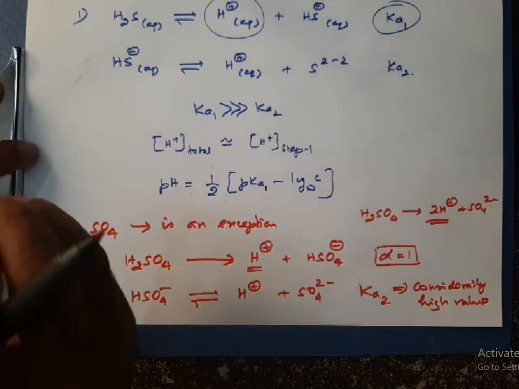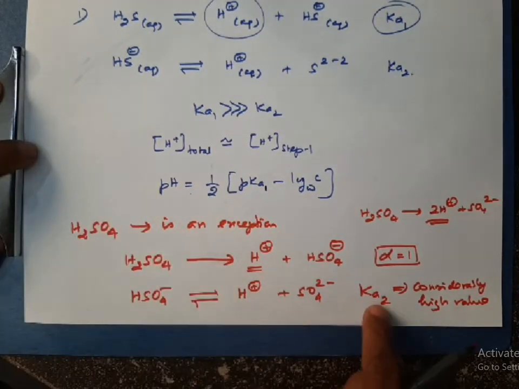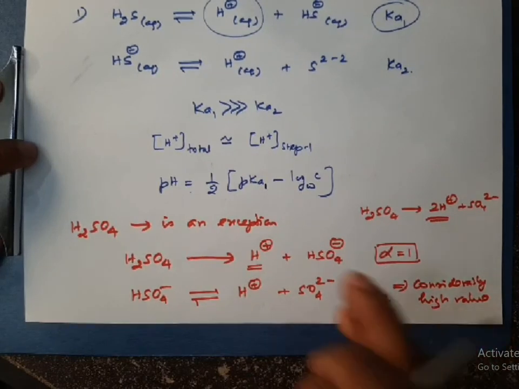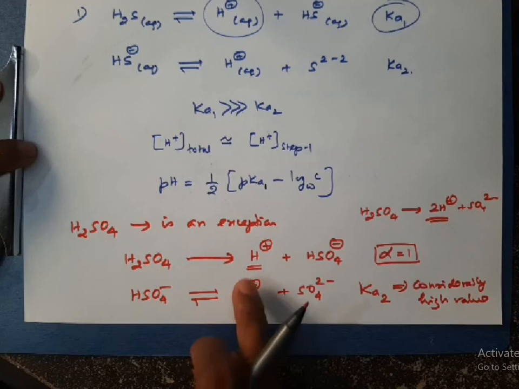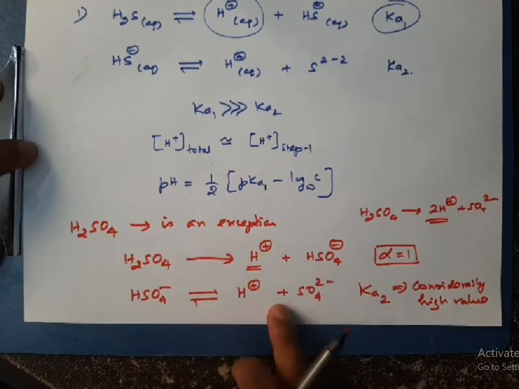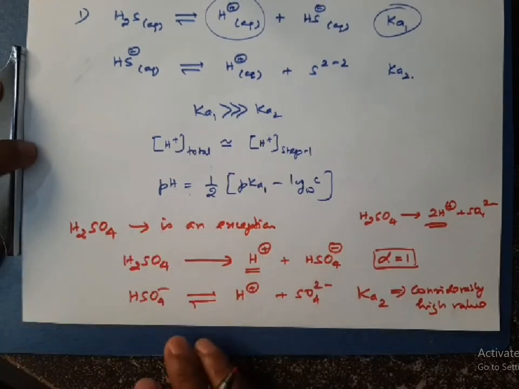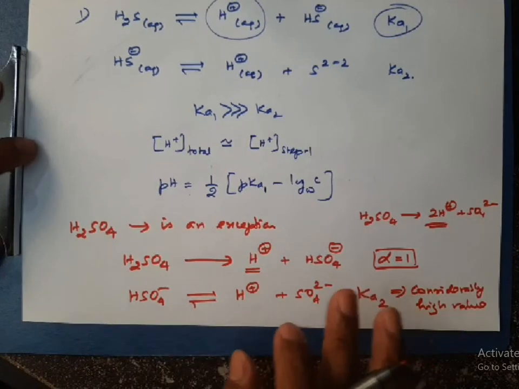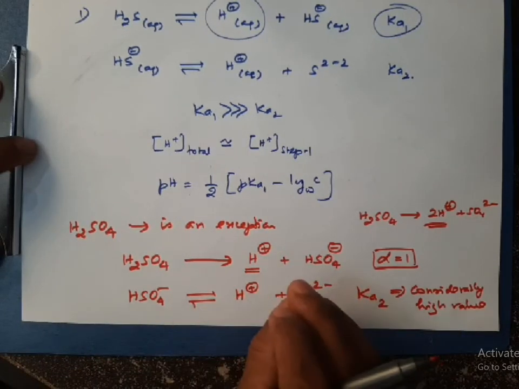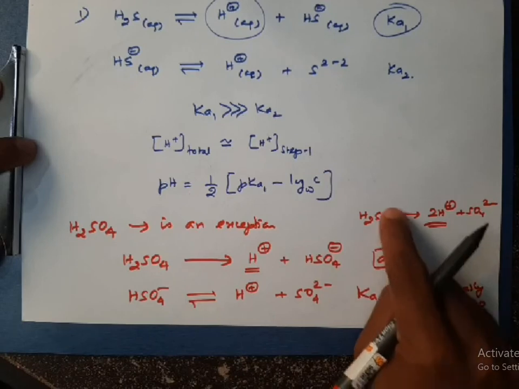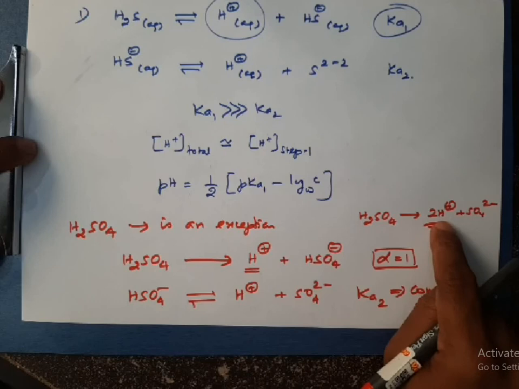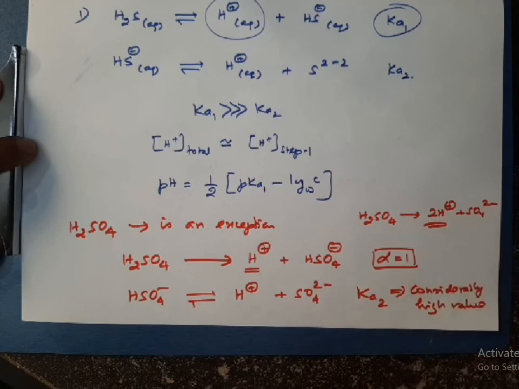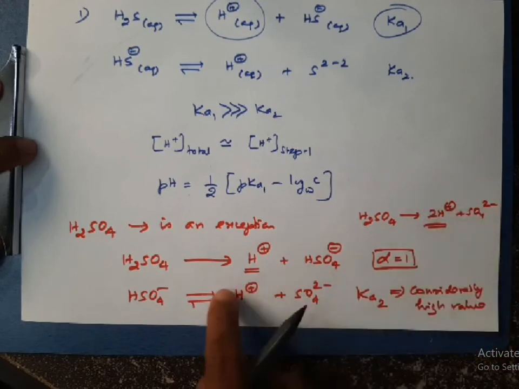In a numerical problem, if this data is given, then you can calculate H plus from the first step and H plus from the second step, and add them. Otherwise, in general, if sulfuric acid is given, you can consider that H2SO4 undergoes complete ionization and provides 2 H plus ion and the SO4 2 minus ion. You need not worry about the second step at all.